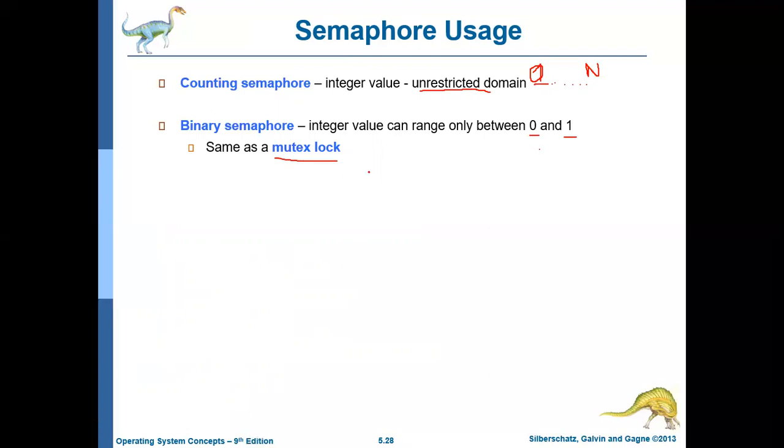Now, where will we use binary semaphore and where will we use counting semaphore? Assume that in your computer there is only one scanner, and more than one process wants to use this scanner. Process P1 wants to use the scanner, and process P2 also wants to use the scanner.